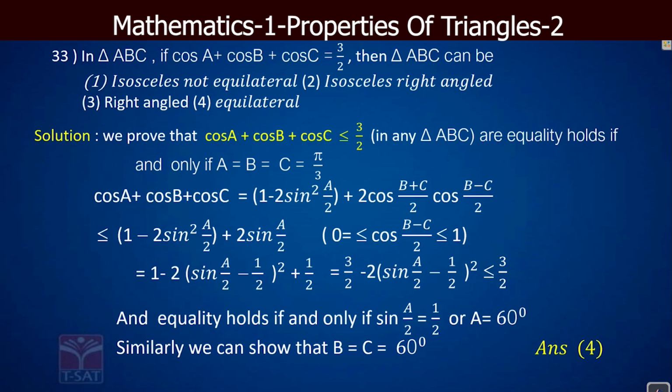Namely, cos A plus cos B plus cos C is equal to 3 by 2, so they conclude that cos A is equal to half, cos B is equal to half and cos C is equal to half, so that A, B, C are equal to 60 degrees. That is very simple, but if three positive numbers have sum 3 by 2, we cannot conclude that each number is equal to half. Understand? So, that is not a good proof. That is not a proof at all.